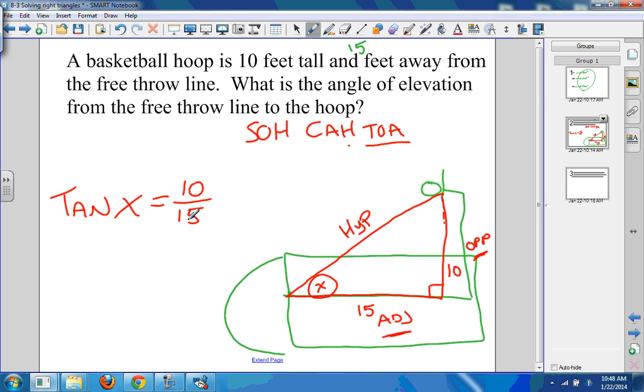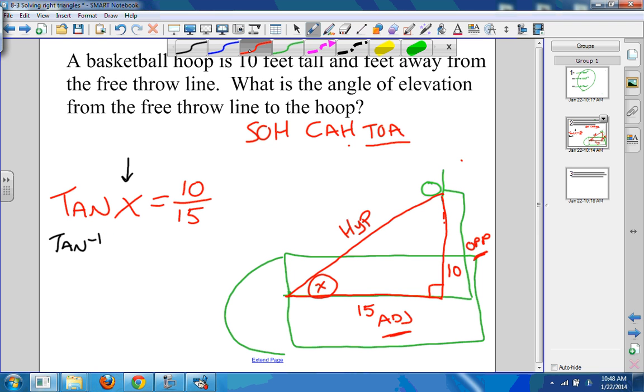Now this looks a little different from the problems we were working on before, because our variable is right here. And we want to get it by itself always. So we have this tangent that we have to get rid of. So the way we get rid of that is we take the arctangent of both sides.